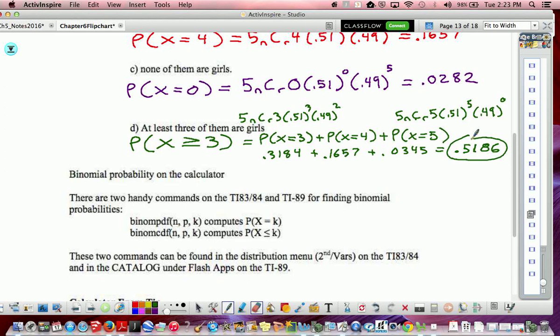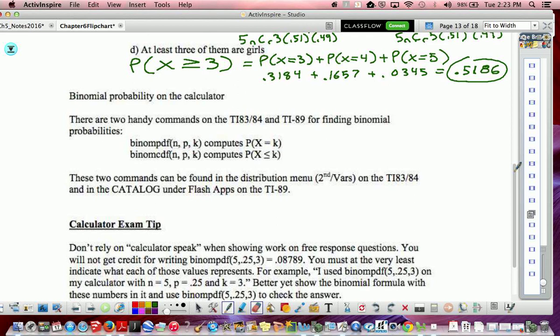There's 2 of them that you can do that are very handy. They're noted right here. So, they are called binomial PDF and binomial CDF.